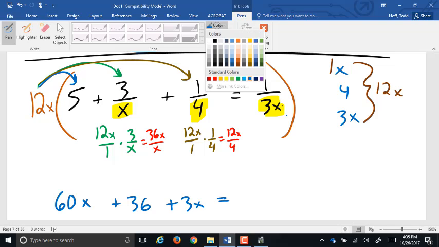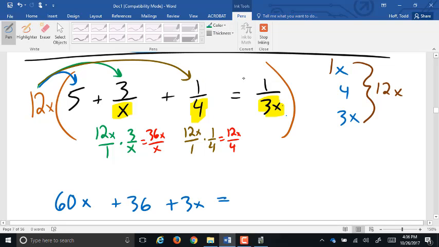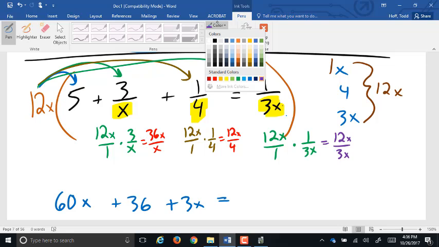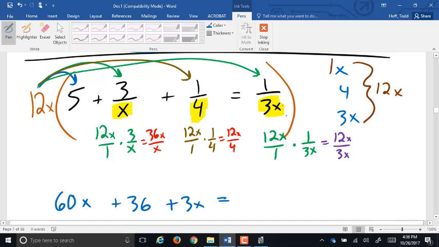On the other side now, we still got to multiply by the 12x. 12x times 1 over 3x. So 12x over 1 times 1 over 3x. 12x times 1 is 12x. 1 times 3x is 3x. 12 divided by 3 is 4, and the x's divide out.